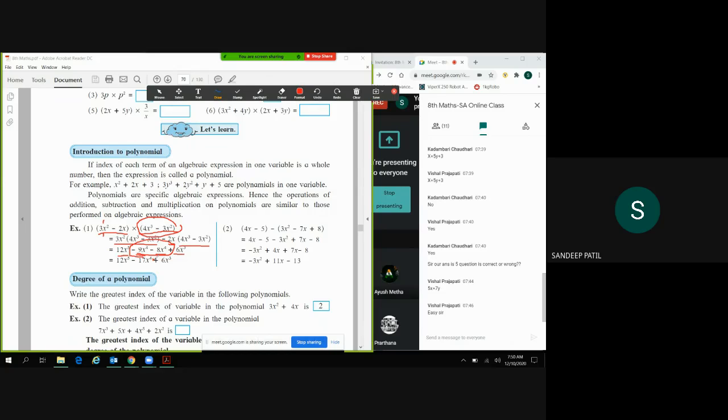Okay. So this way we can carry out the multiplication. Similarly, we have 4x minus 5. So what I will do here is carry out the subtraction. Okay.